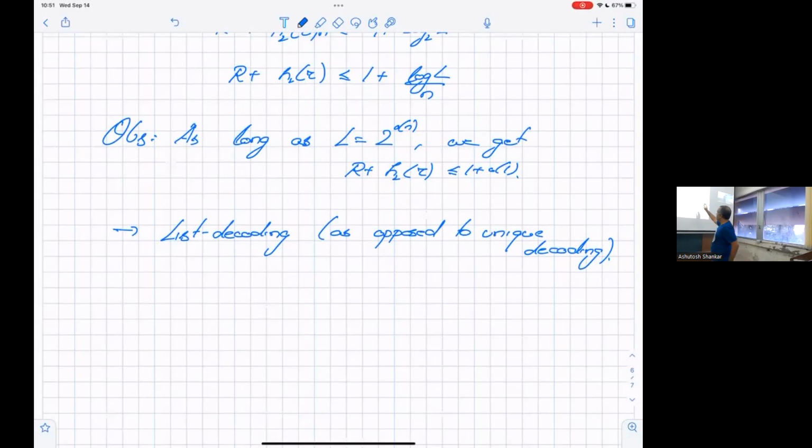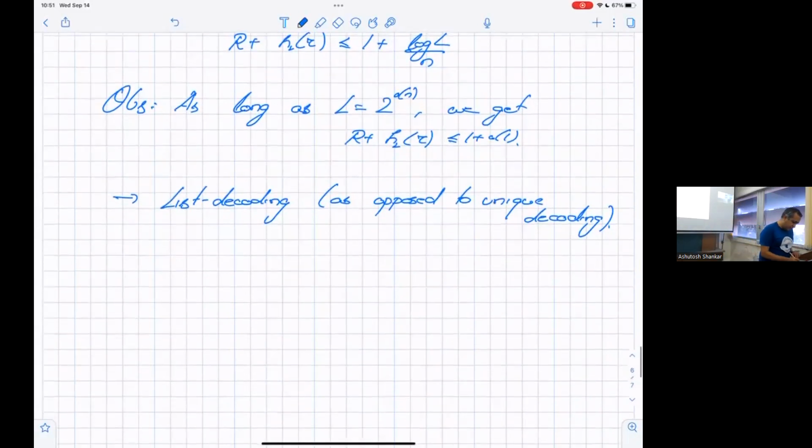And you can ask this for every single code. What Johnson proved is called the Johnson radius. It said that for every code, if I know the distance delta, there is another number tau.